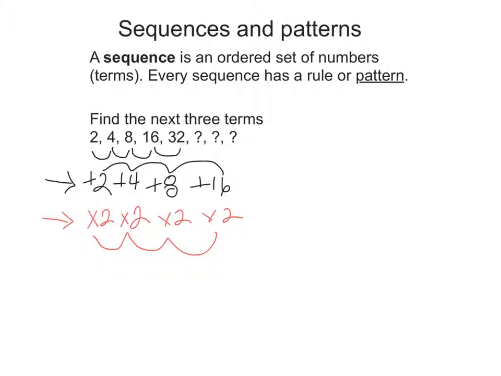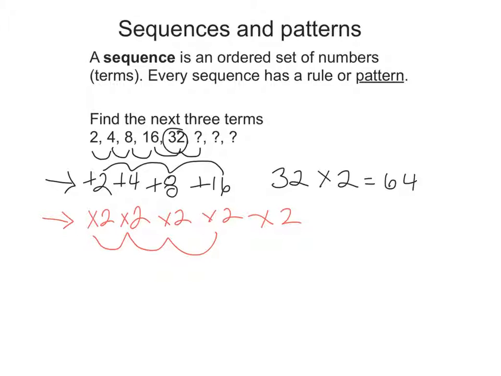Well, for me, that's the easier way to think about it. So in order for me to bridge 32 to my next number, I'm just going to multiply by 2. So I'm going to look at 32 and say 32 multiplied by 2, which gives me 64.